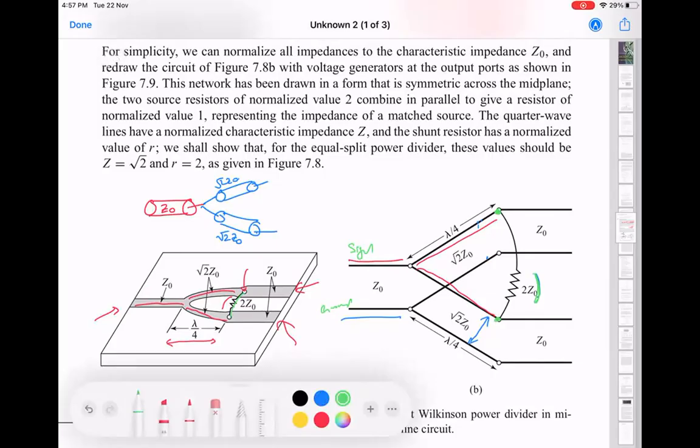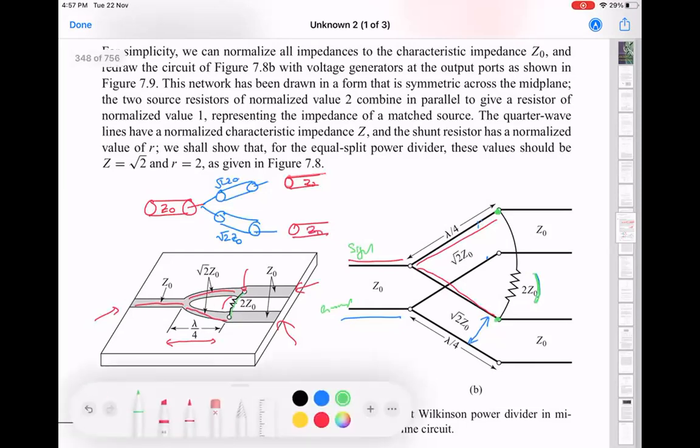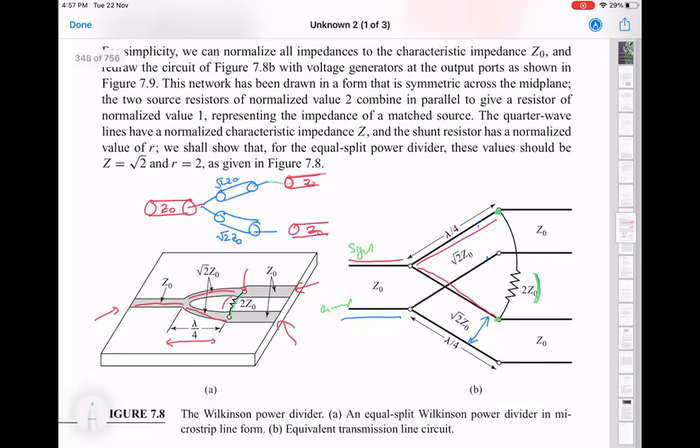Then I go back to 50 ohms for Z0. And between these two, I've connected this to Z0. Okay. All three are representing exactly the same information.